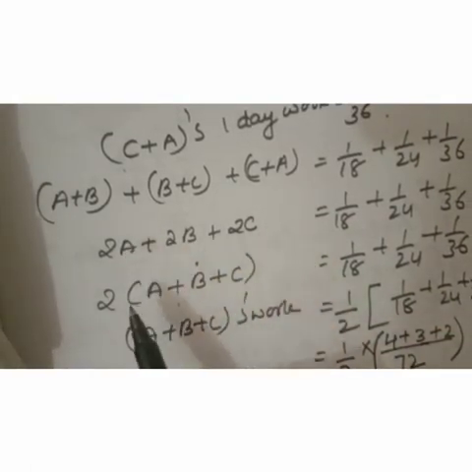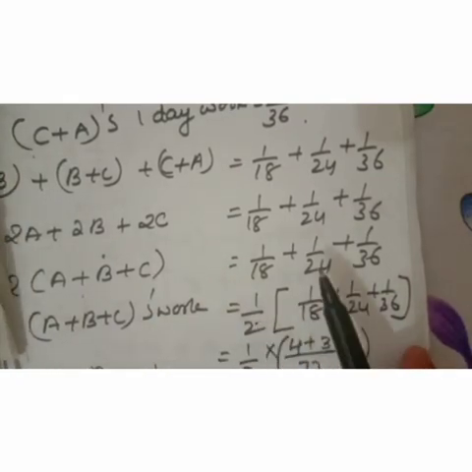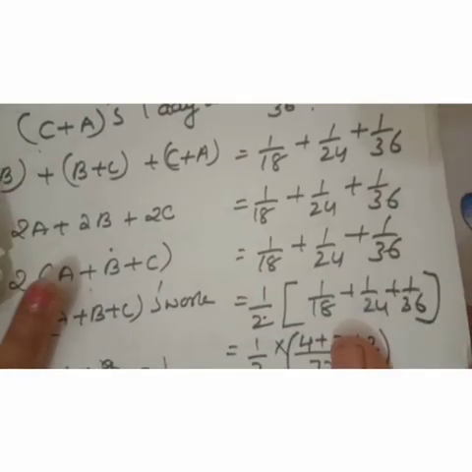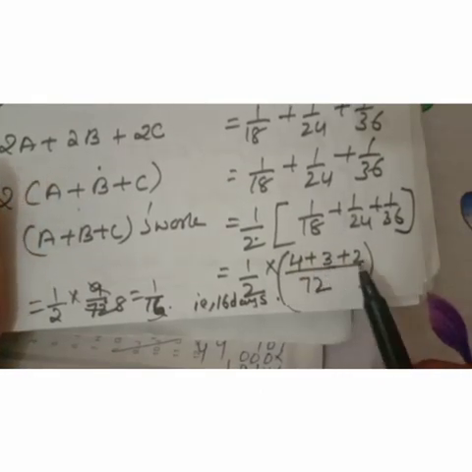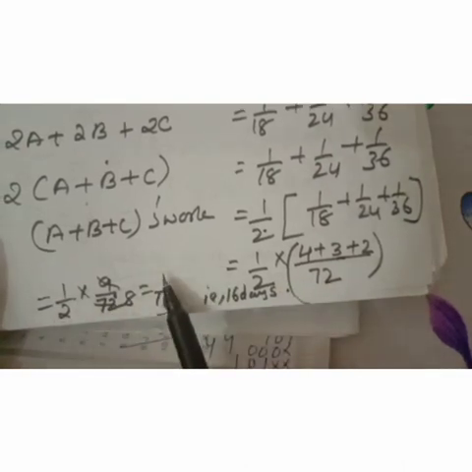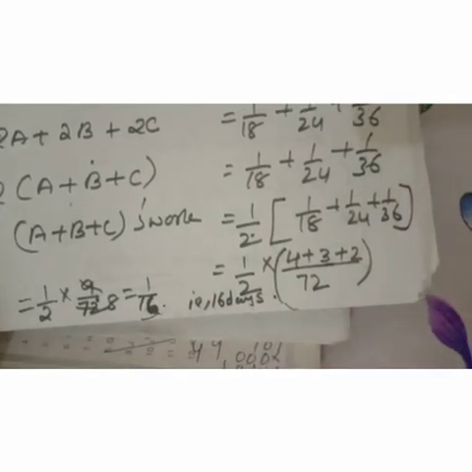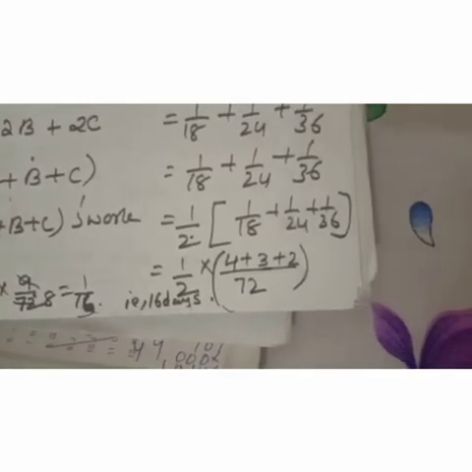Take 2 as common, A plus B plus C. Now the 2 multiplying here will be divided, moved here as 1 by 2. First you have to add, take LCM and add it. 4 plus 3 plus 2, 9 by 72. Cut it. You will get 1 by 16. Take the reciprocal. You will get 16 days. Clear, children? You will get 16 days.